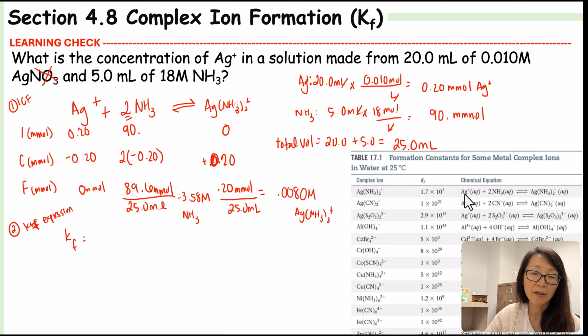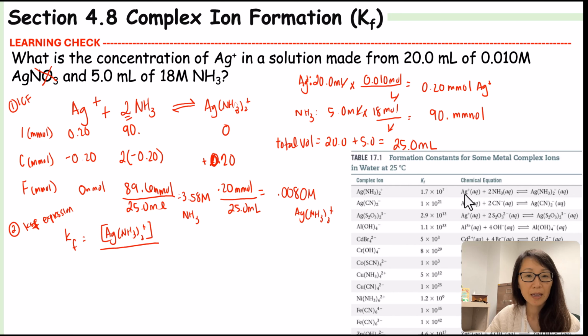And we have the product all over the reactant, silver, and we have NH3 to the second power. All right, we do have values for everything except for silver because that's what we're looking for.